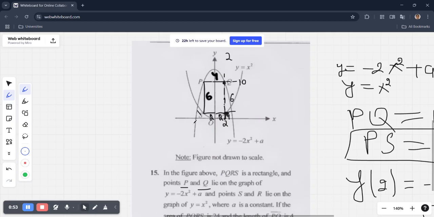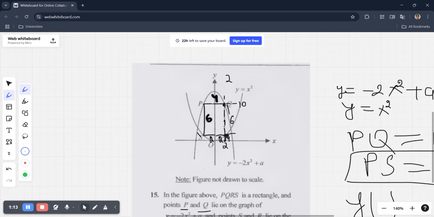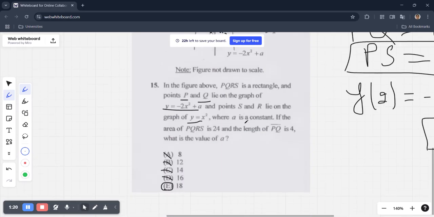As you can see, this decreasing function is the function of this, and points S and R lie on the graph of this x to the power of 2 function, where a is a constant. And what we can realize from here is that this increasing function is the function of x to the power of 2.